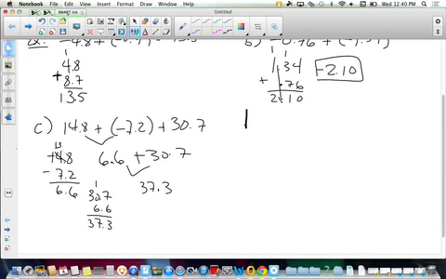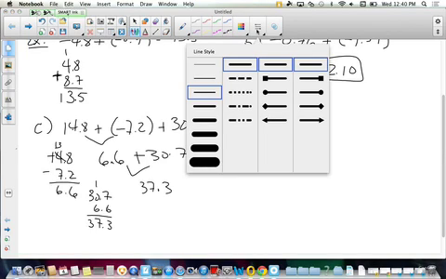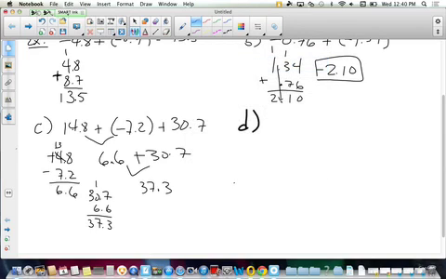Last one here for these. Look at D. Okay? Got minus negative 6.8.